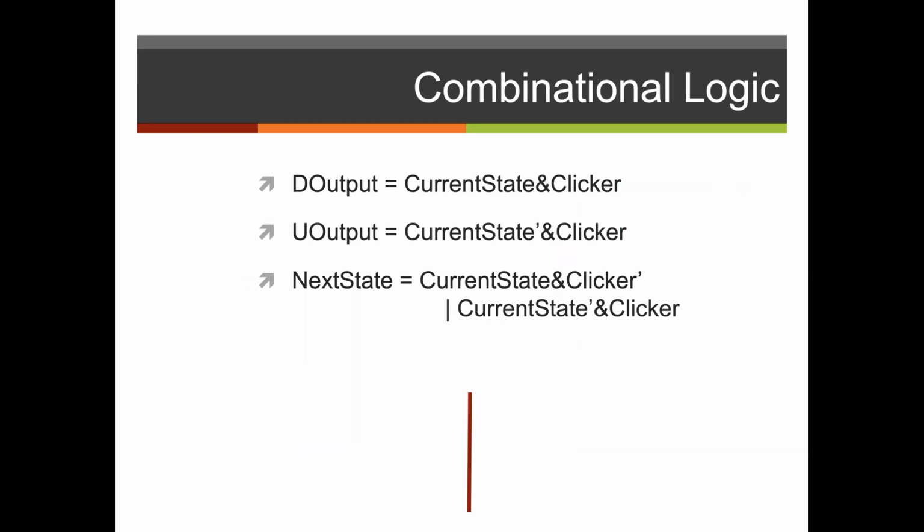And so keeping this in mind, we can denote the various outputs that are represented. The down output is going to be the current state and clicker. The up output is going to be current state prime and clicker. And then the next state is going to be the current state and the clicker, or the current state prime and clicker.